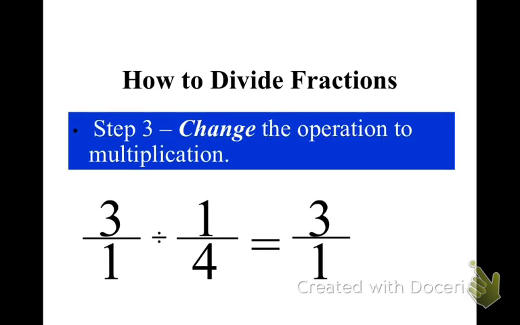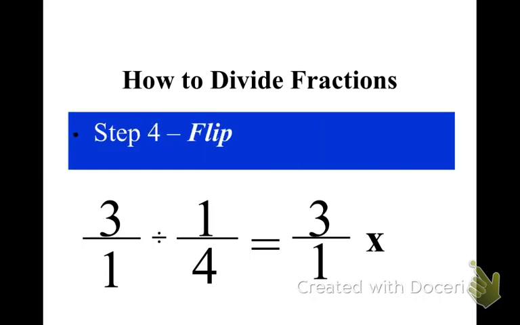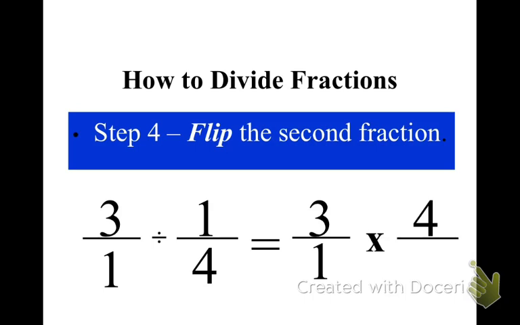Step 3, change the operation to multiplication. Step 4, flip the second fraction. I don't really like the term flip. I prefer to use the term reciprocal, or find the reciprocal of the second fraction.